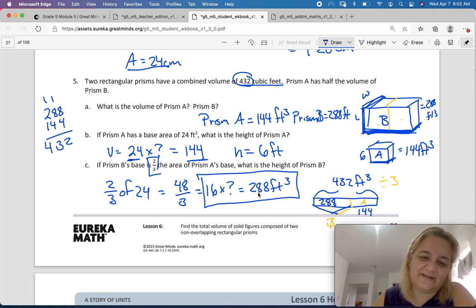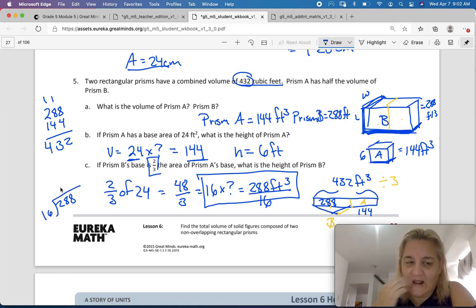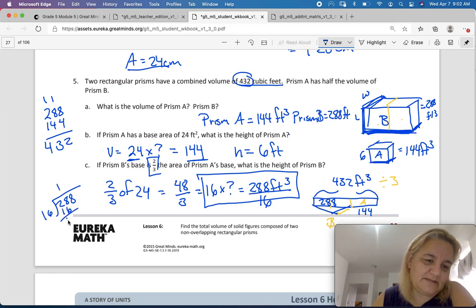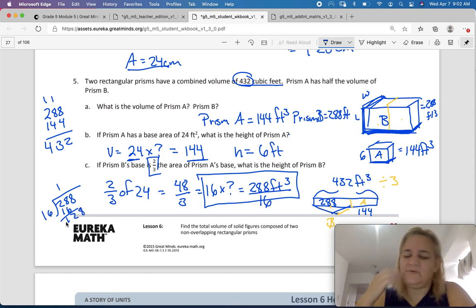So in order to figure this out, we're going to divide by 16. So 288 divided by 16 is, 16 will go in here once, and that'll give us 12 left and 18. 16 will go into 128.